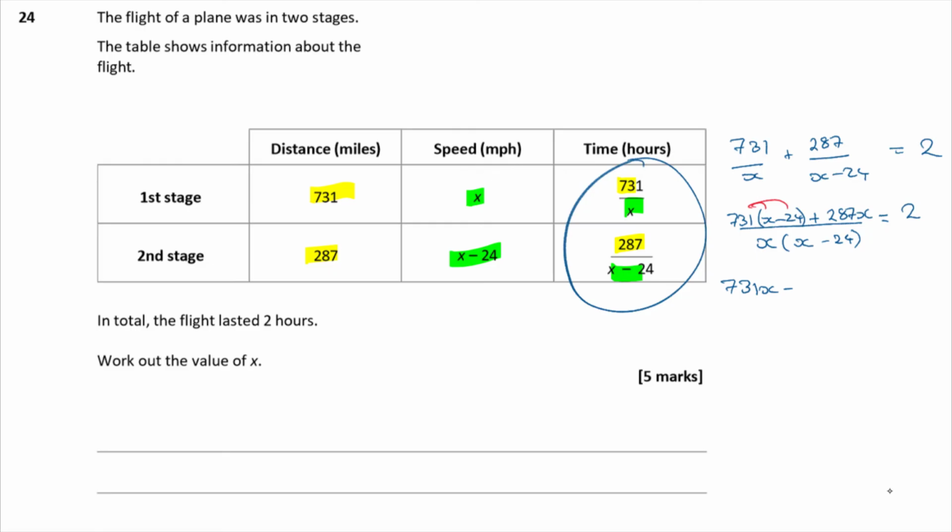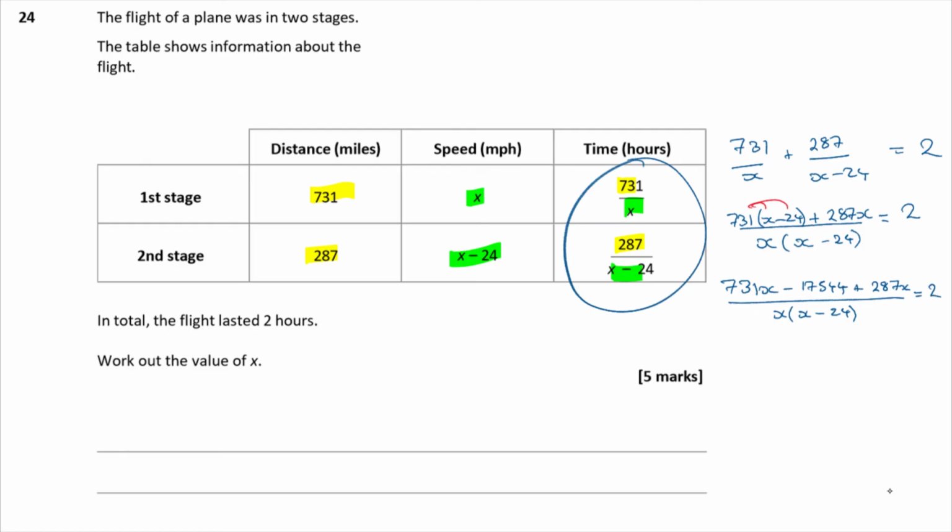That's 17,544, okay, and then plus 287x, and that's all over x minus 24, okay, and that's equal to 2.